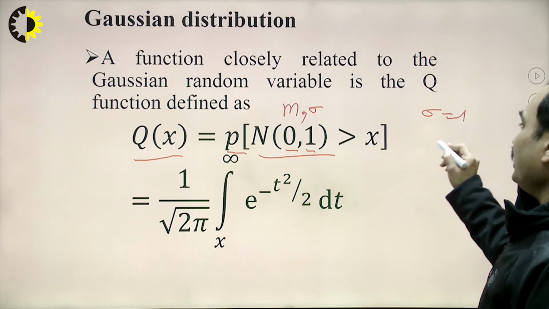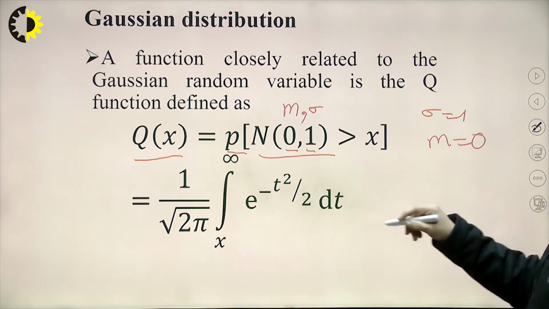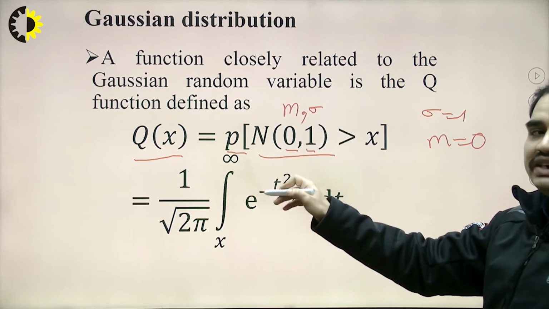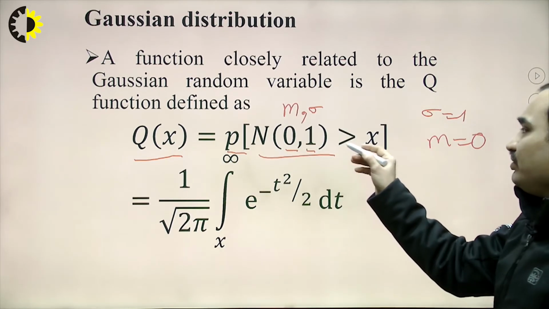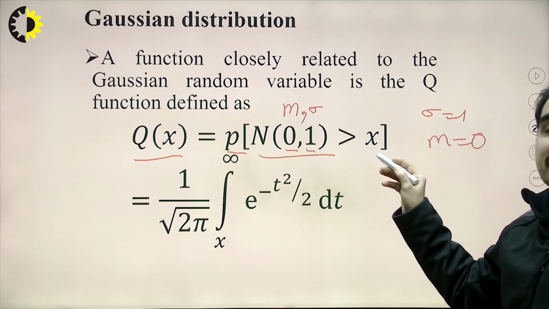So, sigma is 1, m is 0. When we take this standard distribution, we look at the probability that the variable is greater than x.